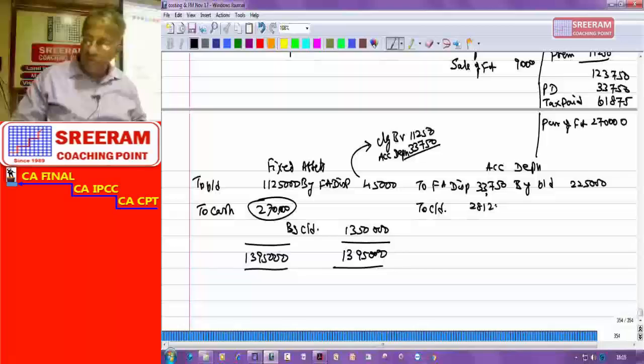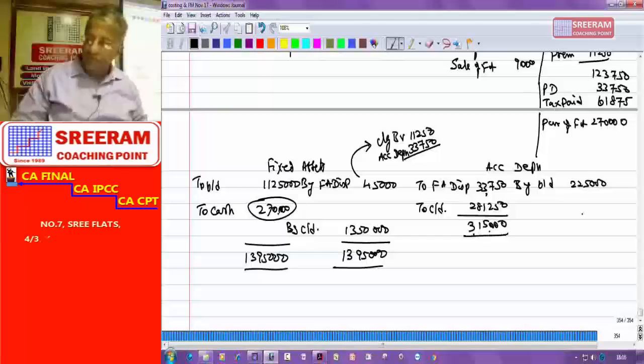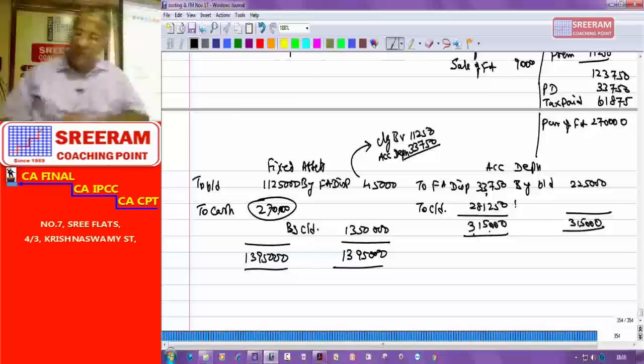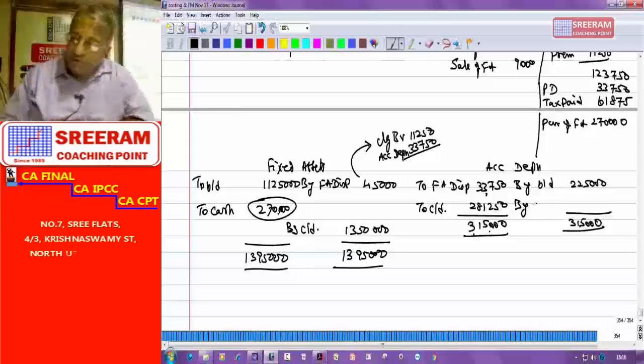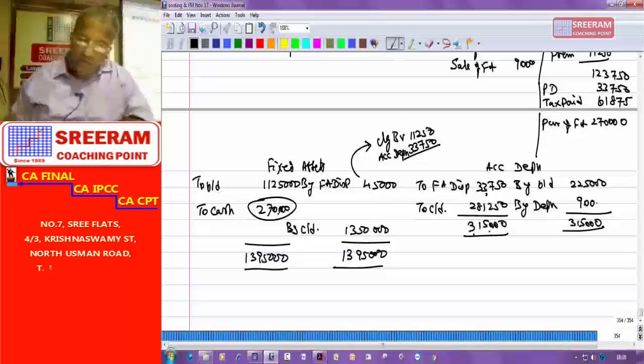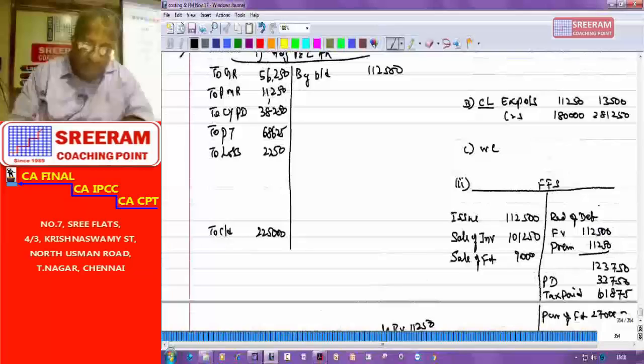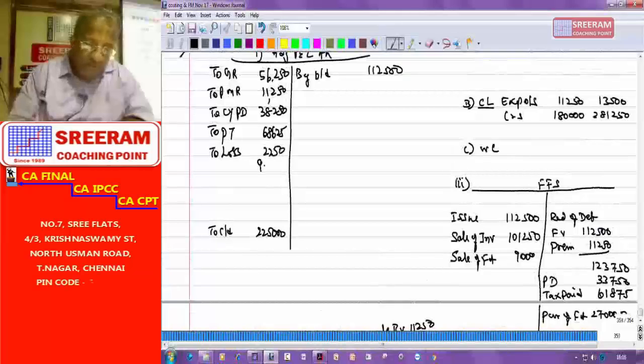So the total comes to 3,15,000. So by depreciation during the current period, how much is that? 90,000. So in your P&L account, 90,000 we will take up to depreciation. Are you understanding, all of you?